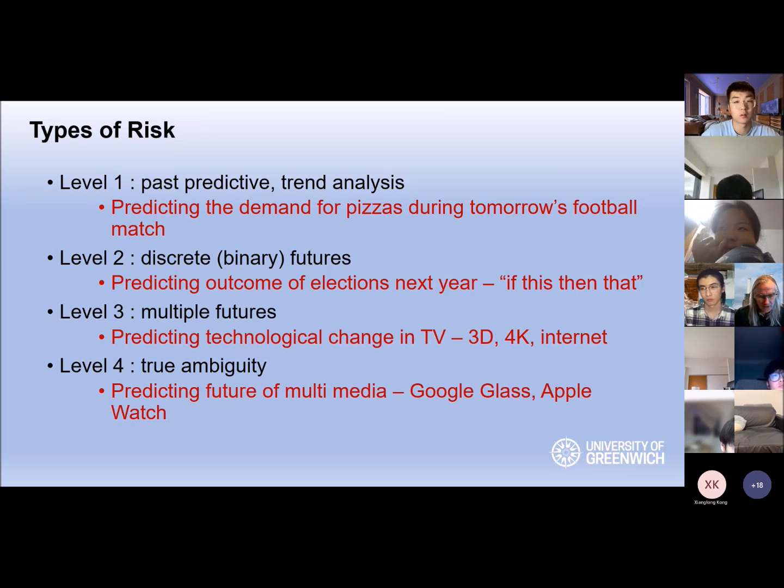Multiple futures. So there's some kind of new technology and there's a variety of possible outcomes. So with 3D technology that came in for films, well, it's actually been around a long time, but they seemed to improve the technology about 10 or 15 years ago, and there was a lot of excitement about it.